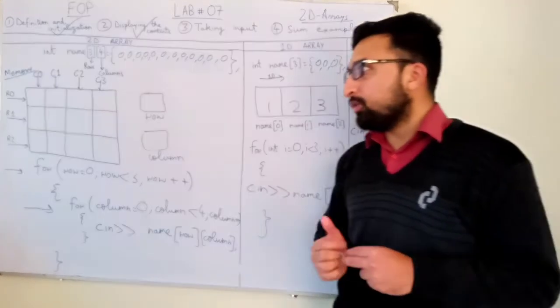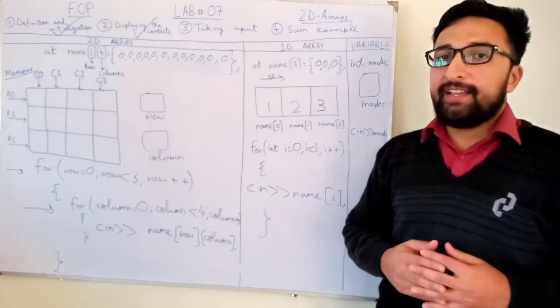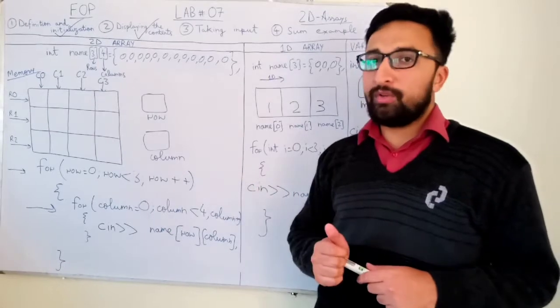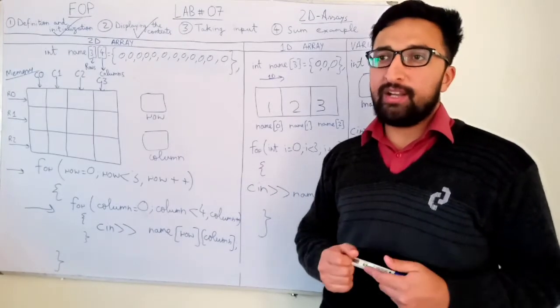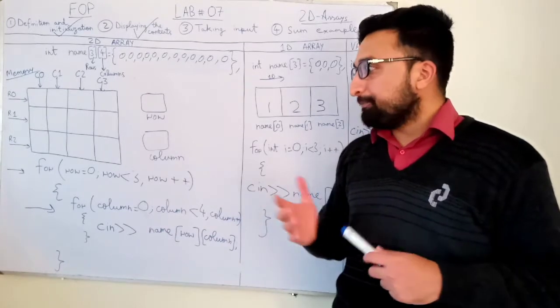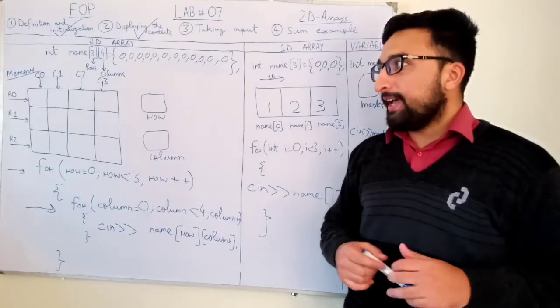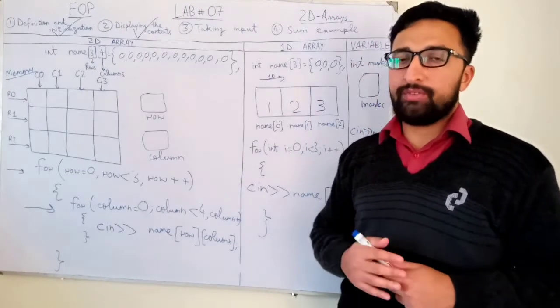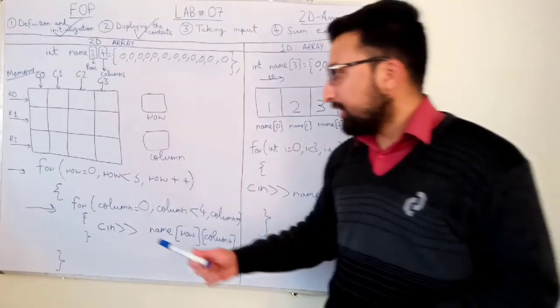So that's how we used to take input in a one-dimensional array. Now we see how to take input in a two-dimensional array. Of course, two for loops will be used to take input in a two-dimensional array, because we need to access the address of the row as well as of the column. Similarly, we run the loop.